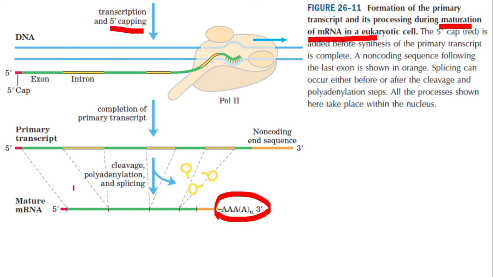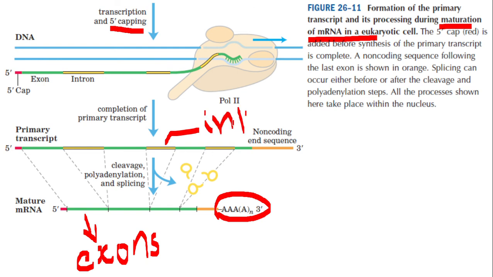And some of the regions are called exons. These green regions are called exons, E-X-O-N-S. While these yellow regions are called introns.